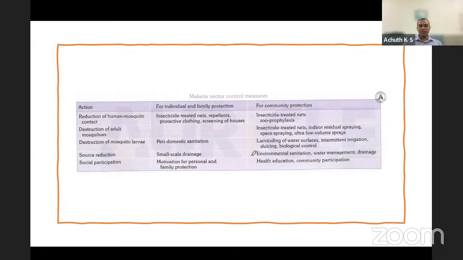Environmental sanitation, that is eliminating breeding sites, health education, use of larvicides in water bodies, insecticide treated nets, that comes under personal protection, indoor residual spraying for adults, ultra low volume sprays for outdoor spraying, and insecticide treated nets again as personal protection at the larger level. Okay.